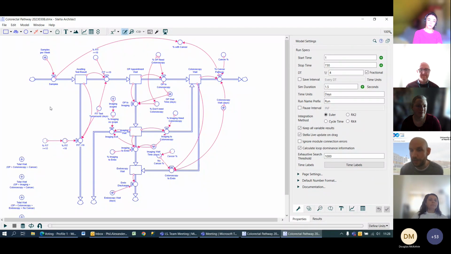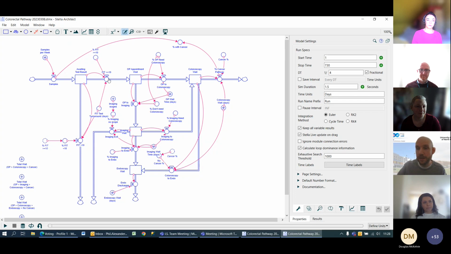The samples are analysed by our pathology department, so we're able to get some data about the number of samples per week, the turnaround time on the tests, and also the proportion that are either above the result of 10, which is enough to take them onto the pathway, or below the result of 10, in which case they get referred back to the community, which is what's going on here.